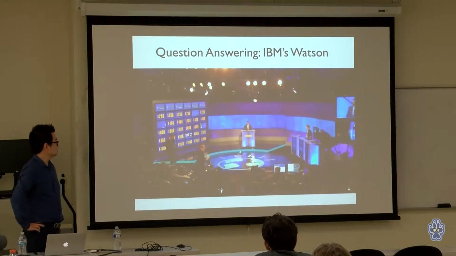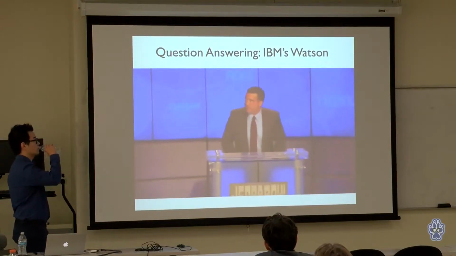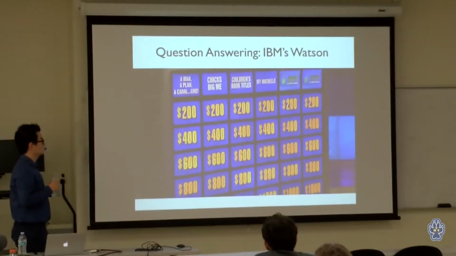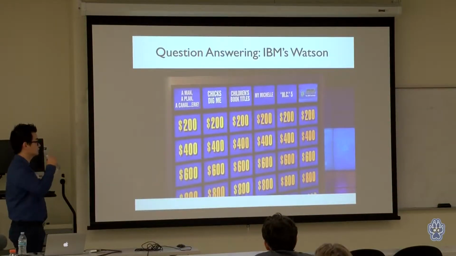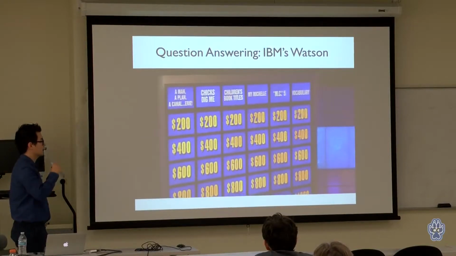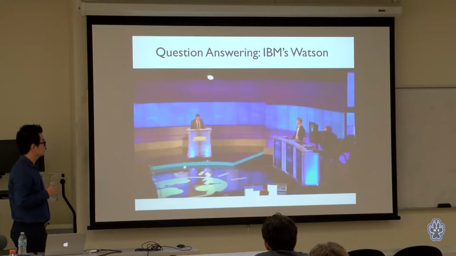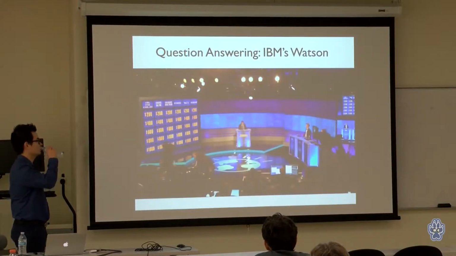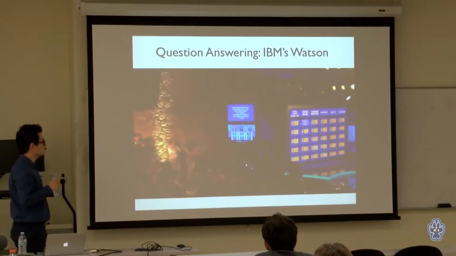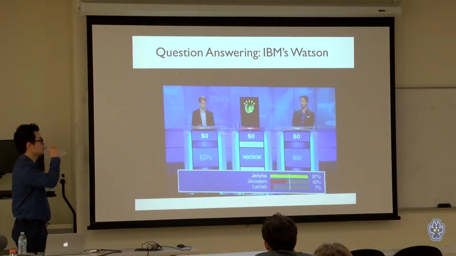Good morning, everybody. Thank you for being here. What do you say we play Jeopardy? Let's get right into the Jeopardy round. These categories: a man, a plane, a canal, Erie, Chicks Dig Me, children's book titles, My Michelle, MC5, and finally, vocabulary. Ken, you're in the first position. Please make a selection. I've never said this on TV. Chicks Dig Me for 200, please, sir. Kathleen Kenyon's excavation of this city, mentioned in Joshua, showed the walls had been repaired 17 times. Watson. What is Jericho?